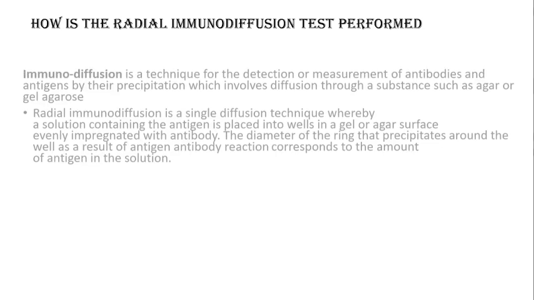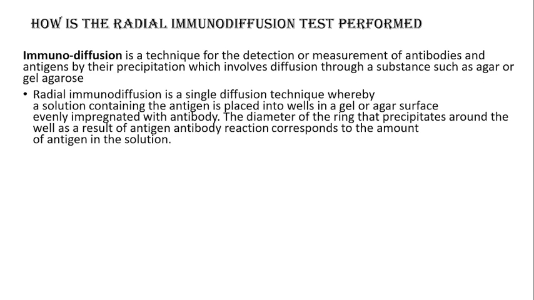So the next point is how the radioimmunodiffusion test is performed. Immunodiffusion is a technique used to measure either antibodies or antigen by their precipitation, which involves diffusion through a substance such as agar or agarose gel. It means that you have either antibodies or antigen suspended in the agar or agarose, or in another medium.